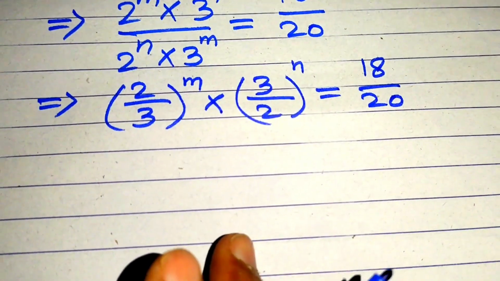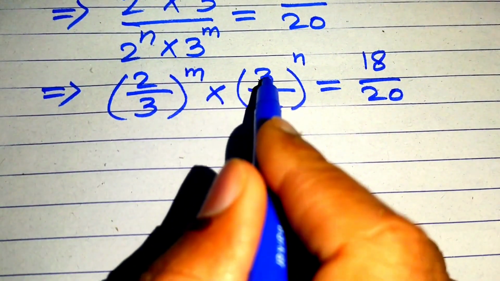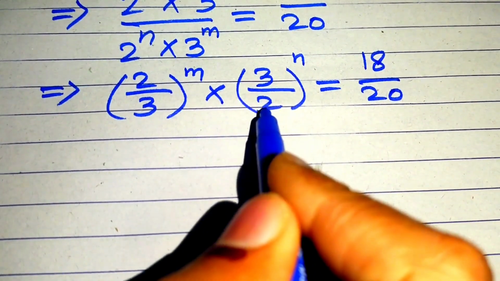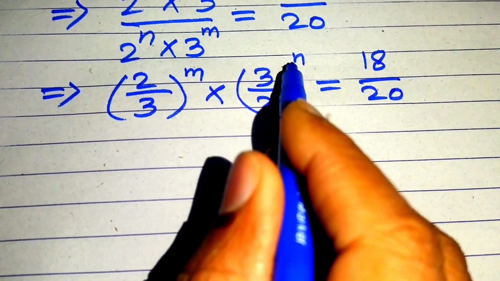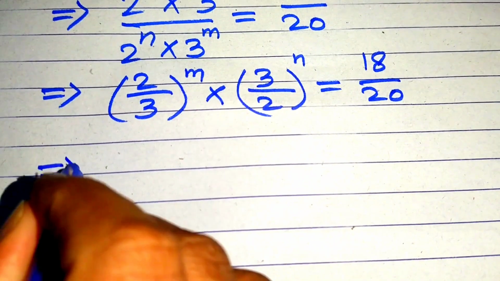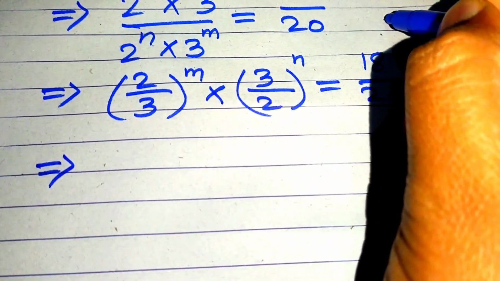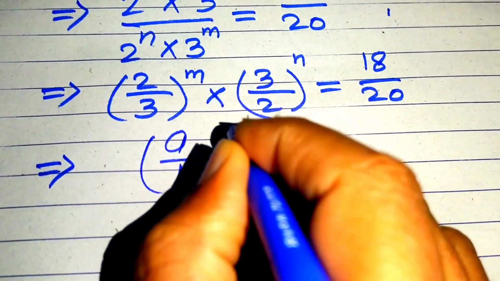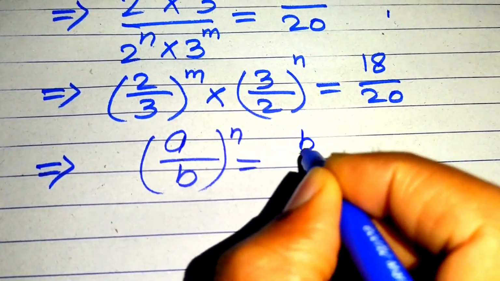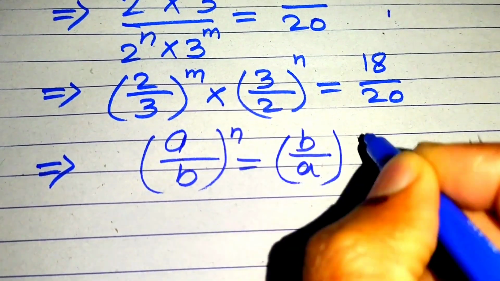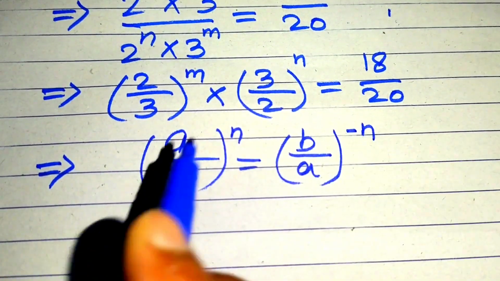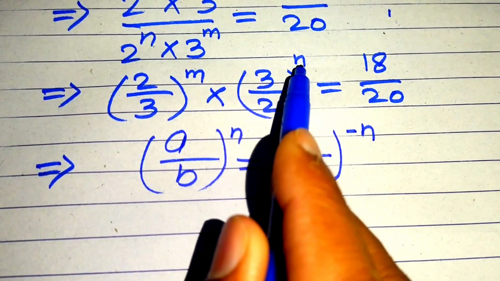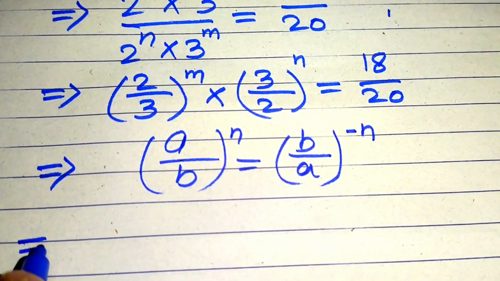And here you know that when we reverse this fraction, its exponent becomes negative, because if we have (a/b)^n, it equals (b/a)^(-n). So when we reverse these two, we get its exponent is negative.